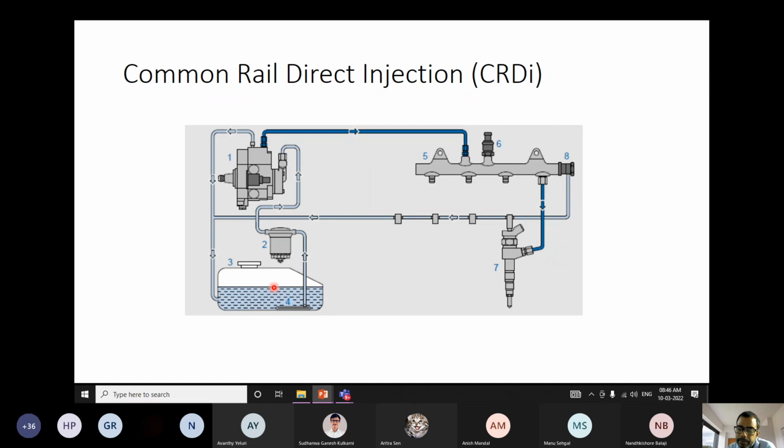As I told, one of our major objectives in common rail direct injection diesel engines is to improve the homogeneity. What can we do to improve the homogeneity?